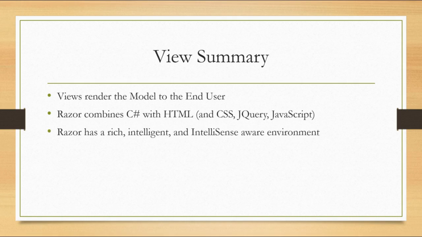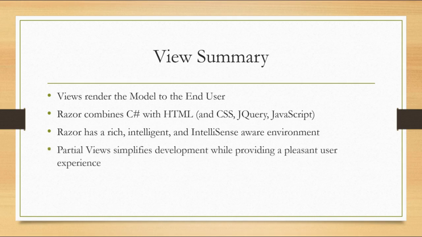Razor has a nice, rich, IntelliSense-aware environment. It's not exactly like C#, but it's real close to it. There's a few C# things you cannot do in Razor, but not too many. And partial views simplify development while providing a pleasant user experience.